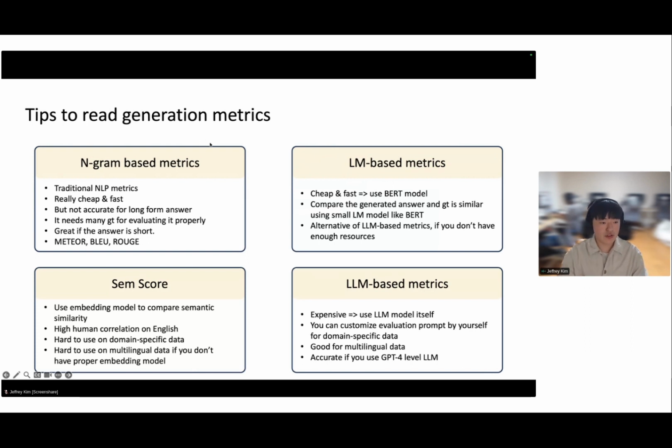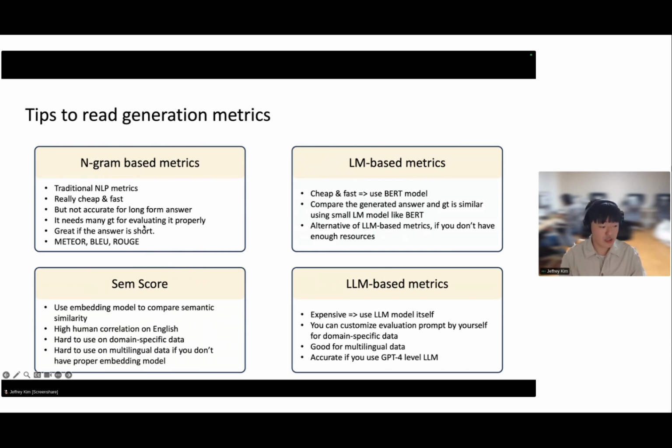And the generation metrics. There are n-gram-based metrics in AutoRAG like METEOR, BLEU, or ROUGE. These are traditional NLP metrics, and they are really cheap and fast, but not accurate for long-form answers. So they need really many ground truths for evaluating properly.